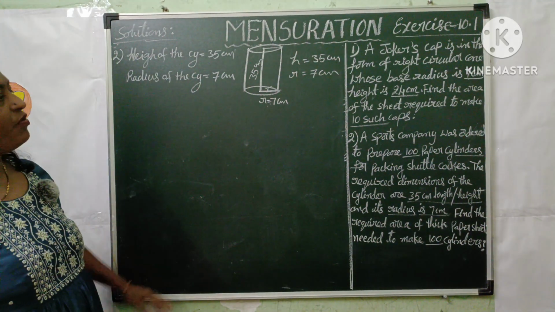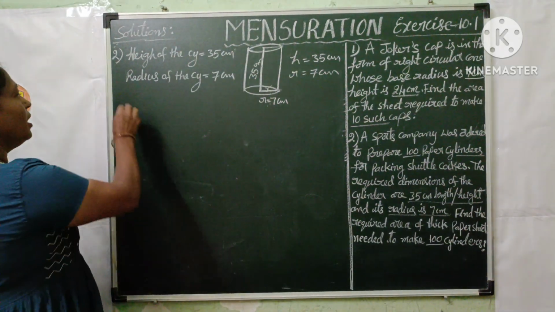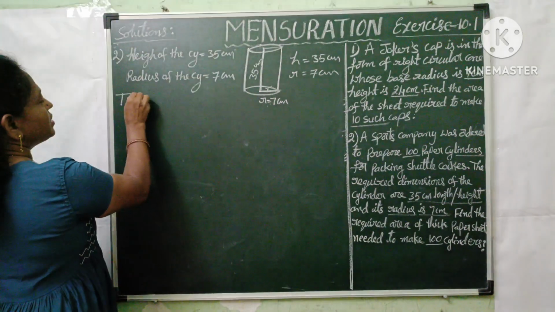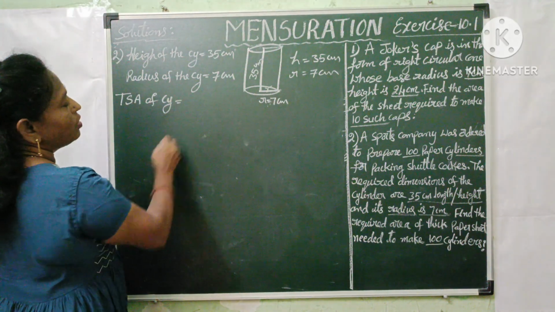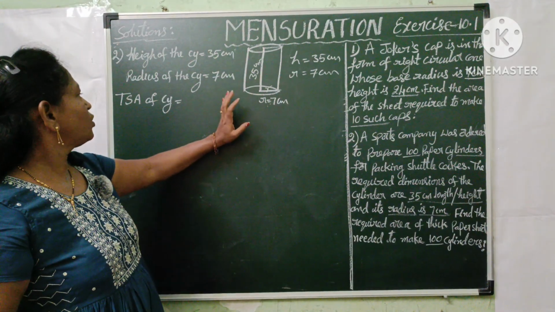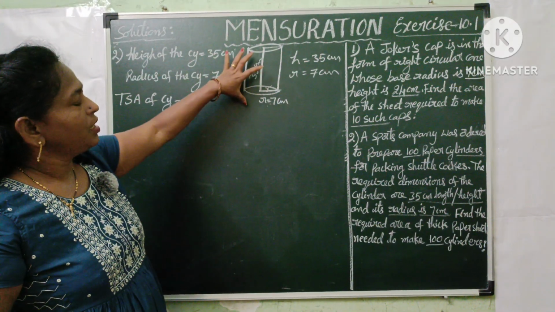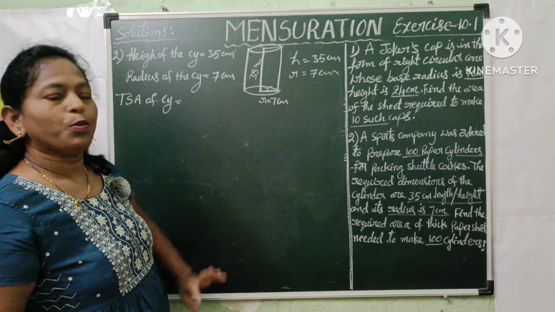Now we have to find the total surface area of the cylinder. TSA of cylinder equal to total surface area of the cylinder. Total surface area means lateral surface area plus the top and bottom areas.